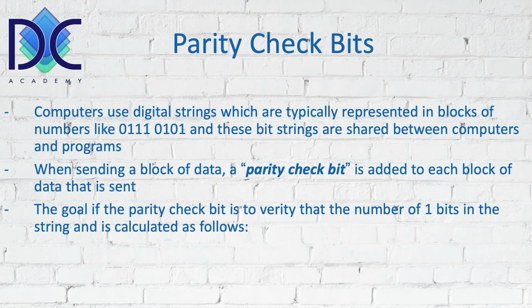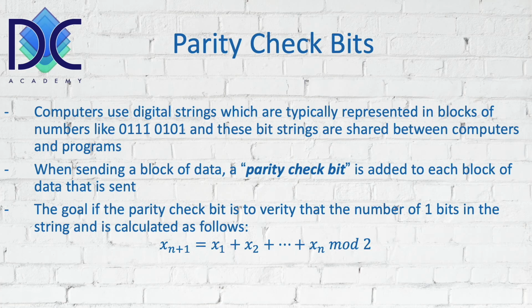The goal is to verify what number of 1 bits you have in the string. The parity check bit will verify how many 1 bits you find in that string, and you can calculate it very simply by adding all the bits in the string and taking the modulus 2.